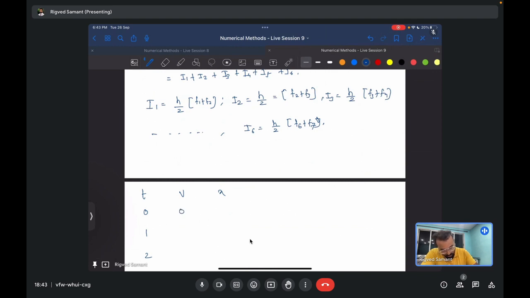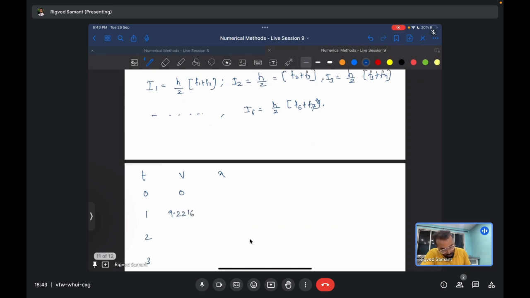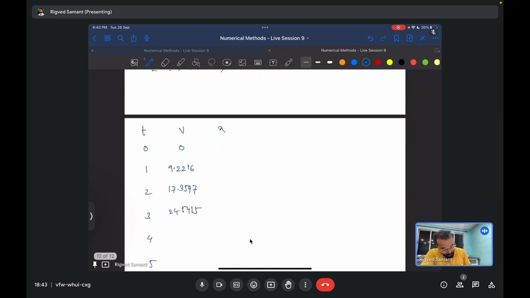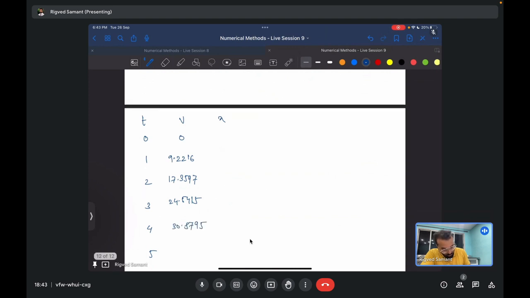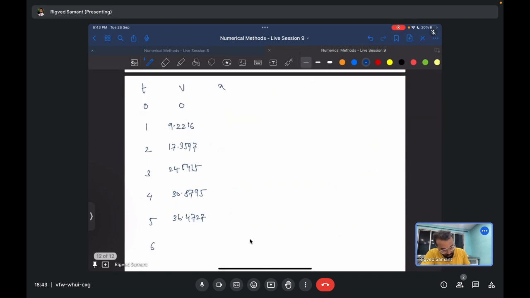Similarly, if you put the rest of the values, for 1 you will get 9.2216. For 2 you will get 17.3597. For 3 you will get 24.5415. For 4 you will get 30.8795. For t is equal to 5, you will get 36.4727, and for t is equal to 6, you will get 41.4087.